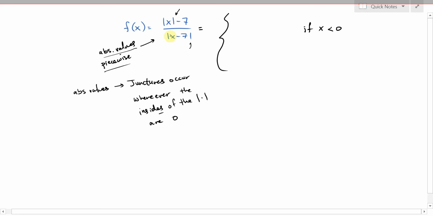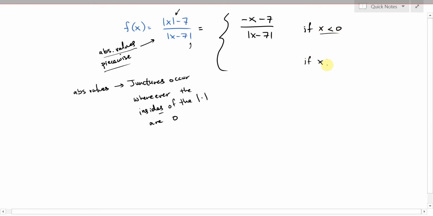I'm going to leave this other absolute value sign in for now. But this is given by the formula negative x minus 7 divided by the absolute value of x minus 7, if x is negative, because then that first absolute value is going to be negative x, since we're restricting our attention to this case.